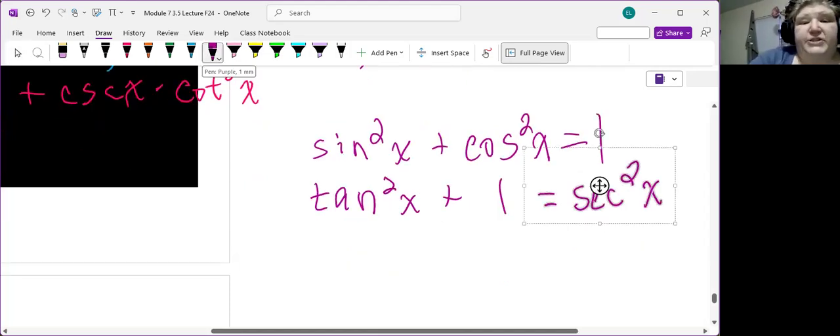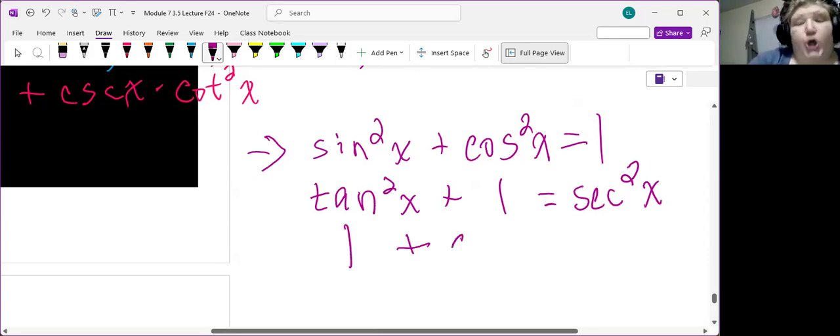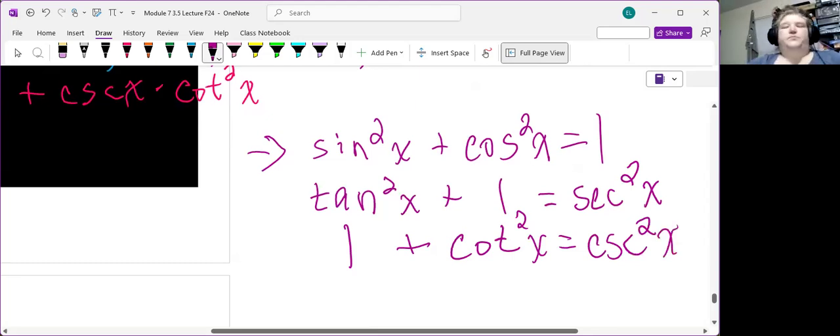So then if I go back to my original equation, and instead of dividing by cosine, I divide by sine, I get 1 plus cosine over sine is cotangent, and 1 over sine squared is cosecant squared. So if we ever get 1 plus cotangent squared, that's the same as cosecant squared. What we are most likely to see, though, is cosecant squared -1 or secant squared -1.